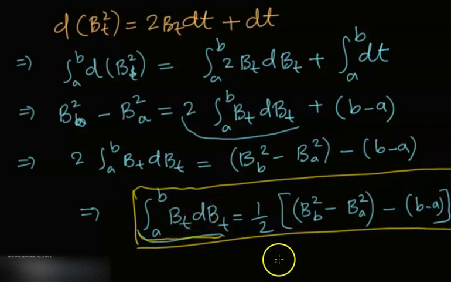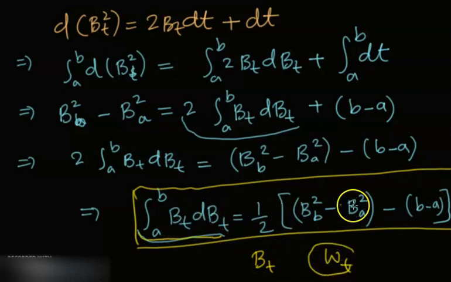I'll reiterate that in some books this B of t is represented by W sub t, so you don't need to be confused. If they are writing W of t in place of B sub t, you just replace it, and where it is B sub b, you will write W sub b. So that's not a big deal, I'm sure.